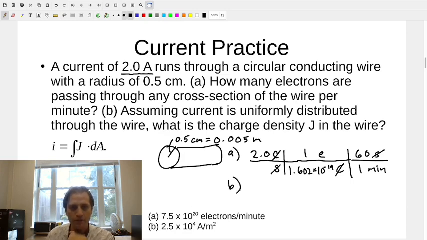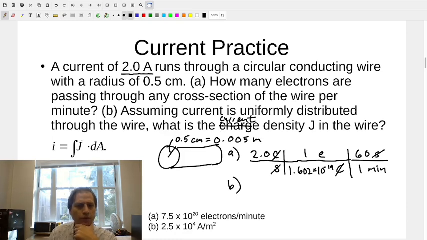And then in part B of this type of problem, it says, assuming the current is uniformly distributed through the wire, what is the charge density J in the wire? And I notice this is a typo. This should be current density J in the wire.